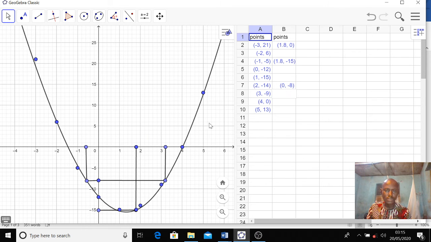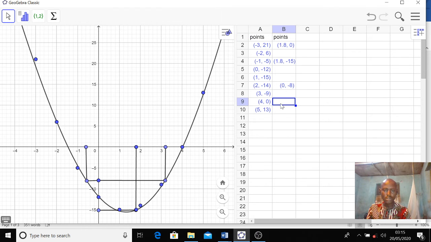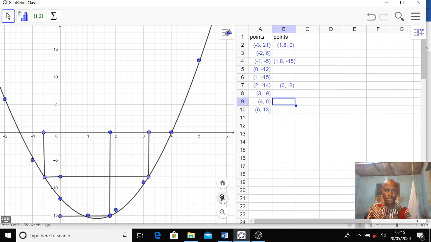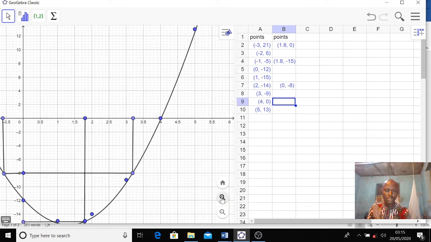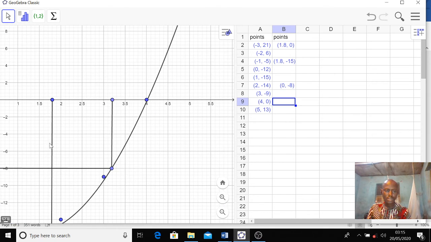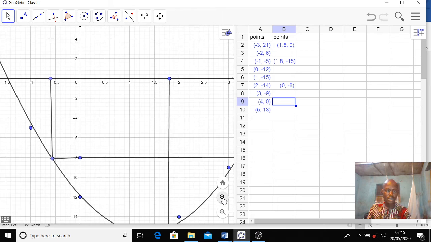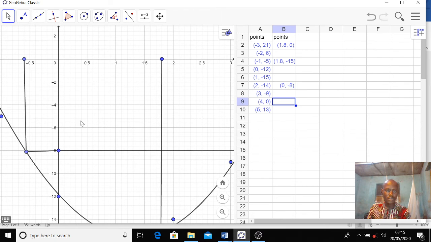So let's look at this value now. So we are going to get two values. So let's expand it to get to know what is here. Let's expand it. The value we have here, let's expand it until we get this value.